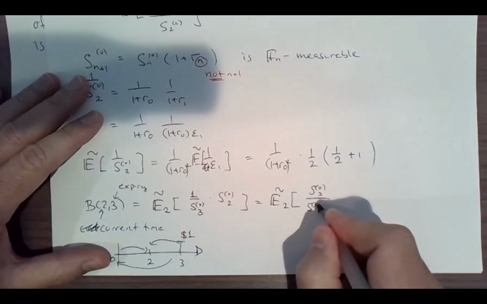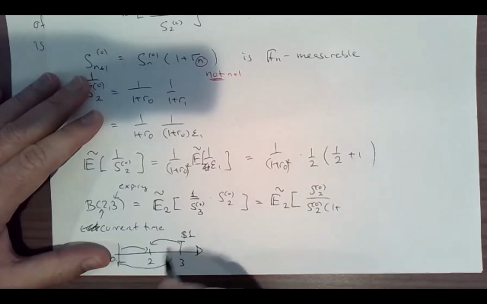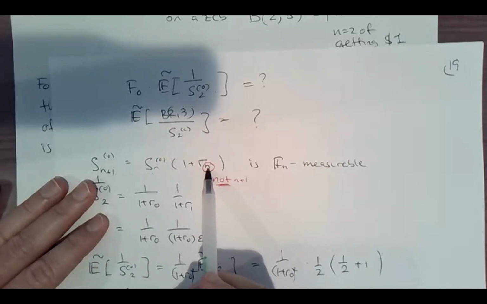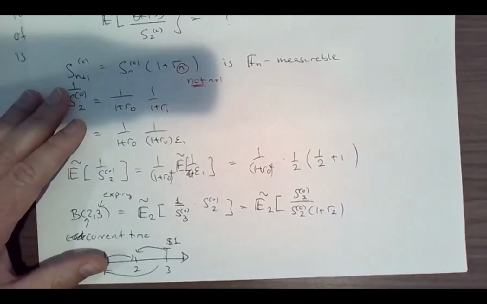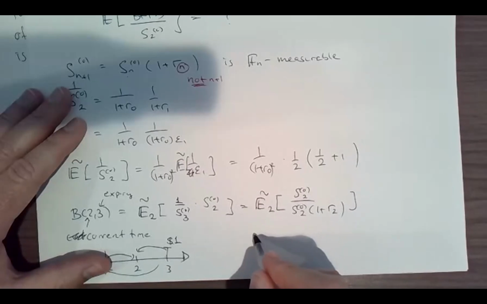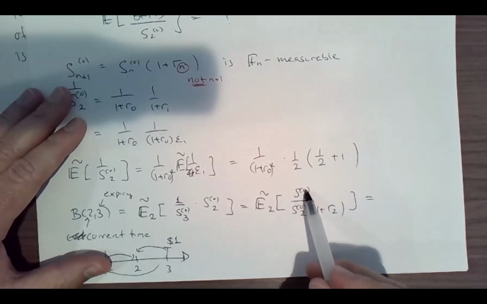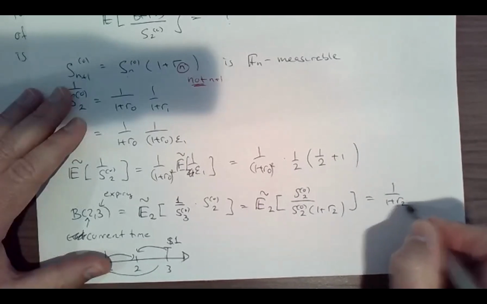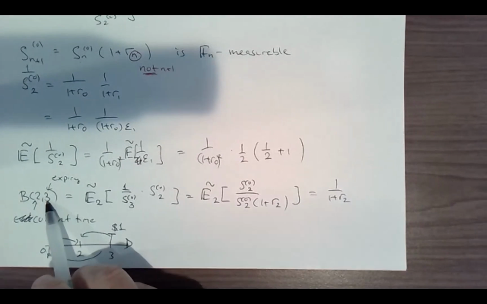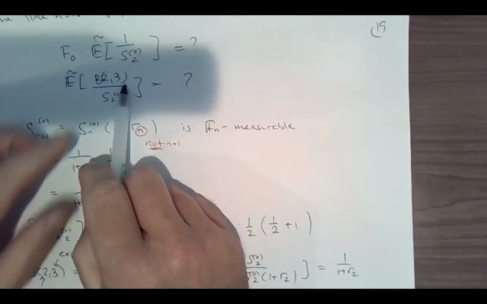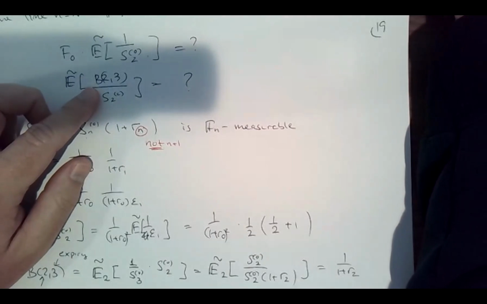That'll be S02 times 1 plus, and then again, you need to have 2 here. So this becomes, you will cancel, you'll get 1 over 1 plus R2. So that was the zero coupon bond, and that was an important part of the leg that we're computing the price of.